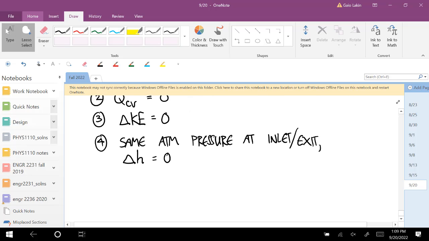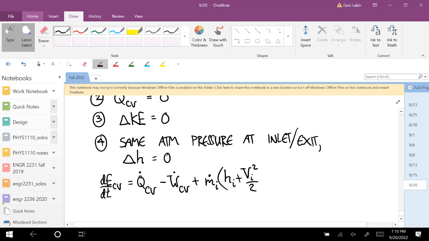Okay, so let's do these cancellations. dE/dt is q dot minus w dot plus m dot i times the quantity hi plus vi squared over 2 plus g zi, minus m dot e times the quantity he plus ve squared over 2 plus g ze.